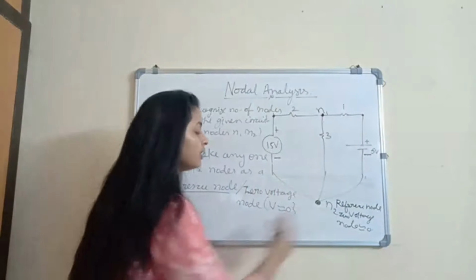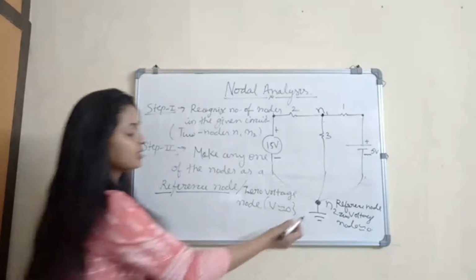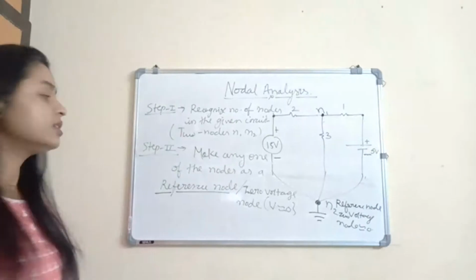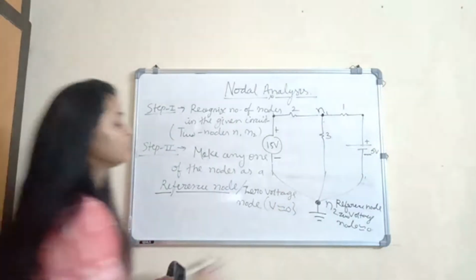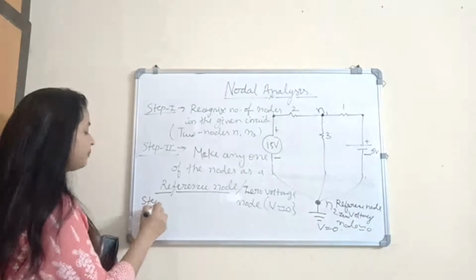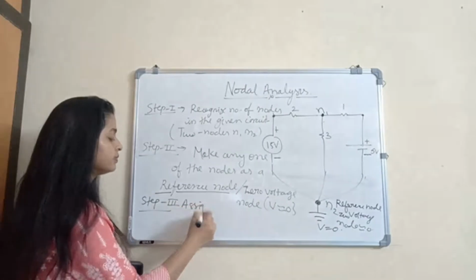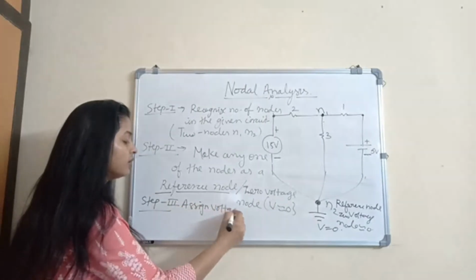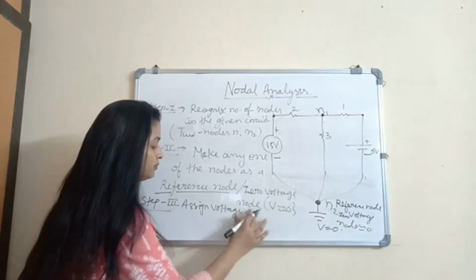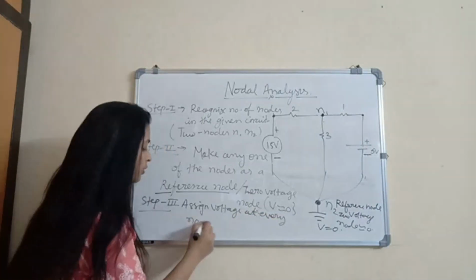How do we represent it in electrical science? By three ground lines: the largest one, then the smaller, and then the smallest. So this is a way of representing a reference node, voltage equal to zero. Now step number 3 says: assign unknown voltage, obviously, at every node.